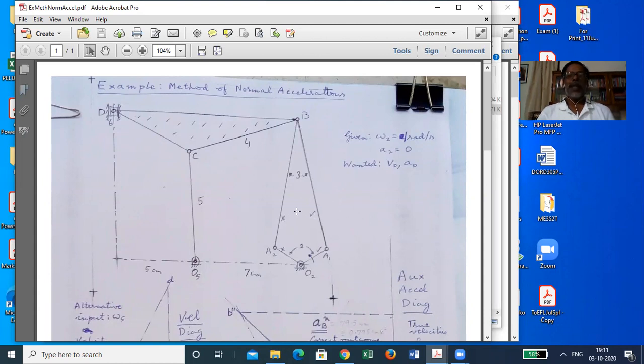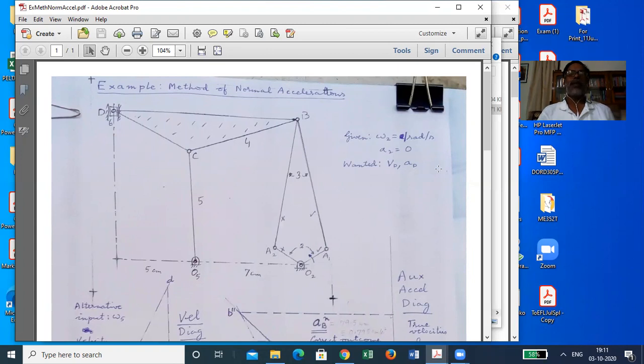So in this example of method of normal acceleration, we will take this as the configuration, the right configuration. Okay. So this A1 is what we will take as the given configuration and not this. Fine.